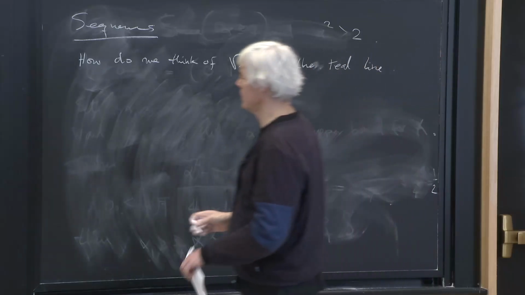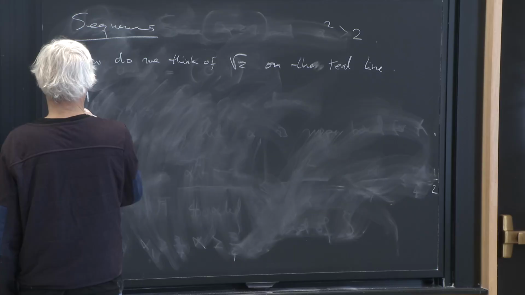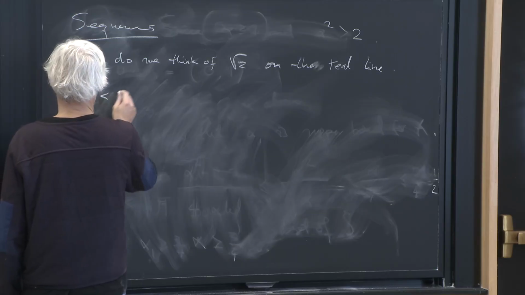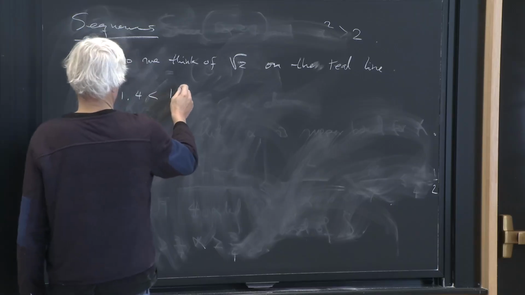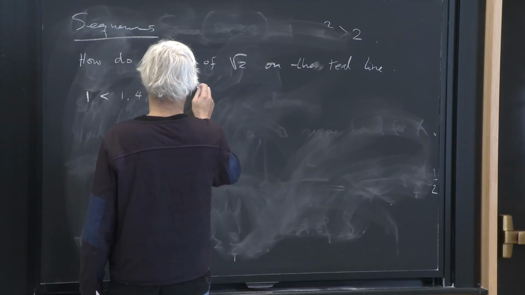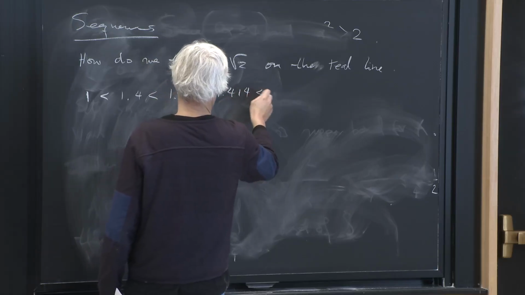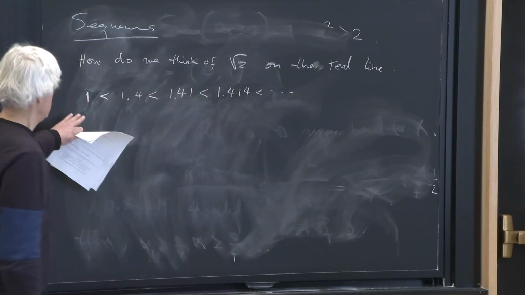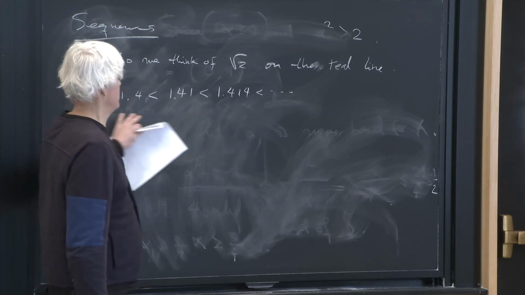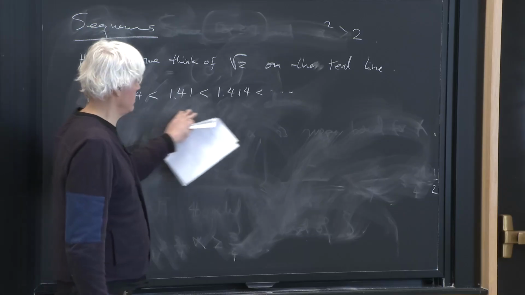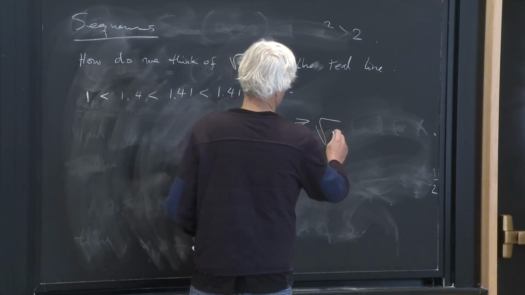But if you want to place square root of 2 on the real line, then you could think about it as a limit of a sequence. If you take 1, which is less than 1.4, which is less than 1.41, which is less than 1.414, etc. Right, and so this here is a sequence, an increasing sequence of numbers, and the limit is square root of 2, right?